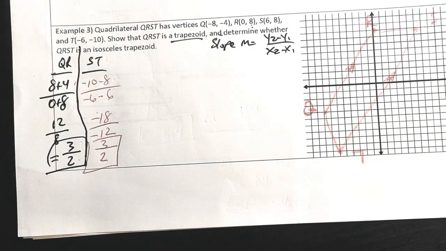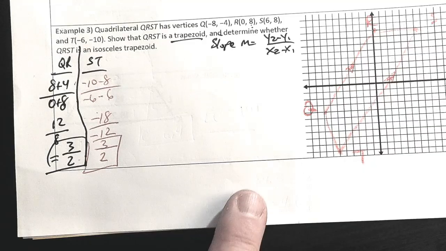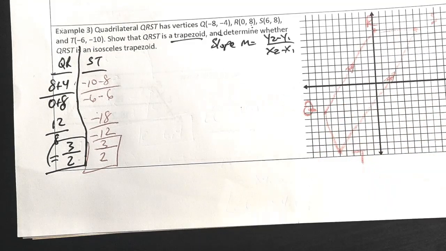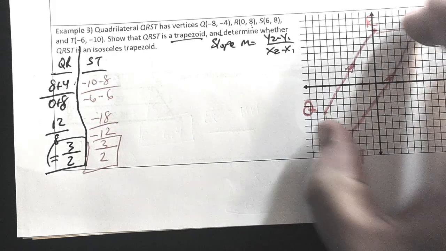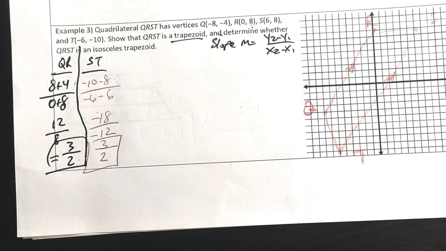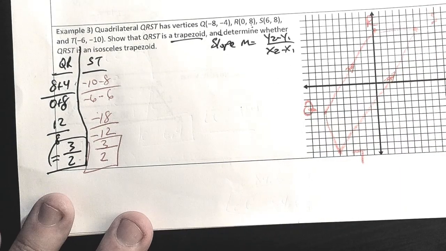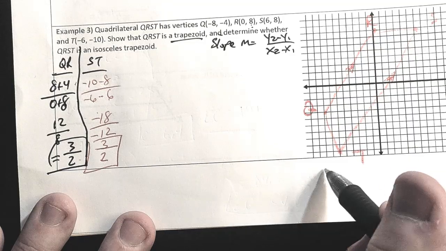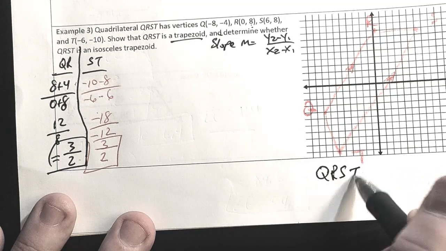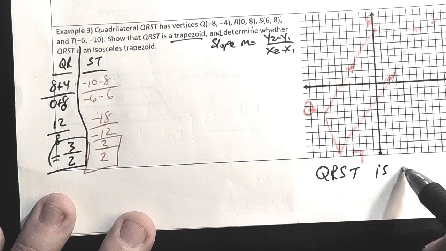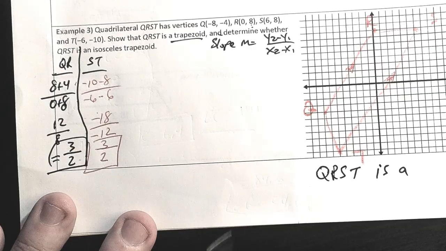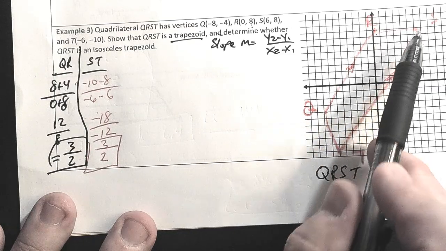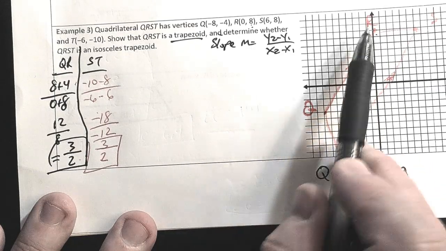Now, obviously these two are not the same length. It would be these two that would have to be the same length in order for it to be isosceles. So let's write over here. So we're going to check the length to see if these guys, they look pretty close.